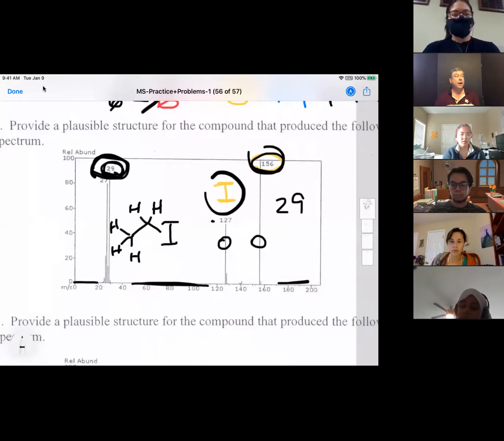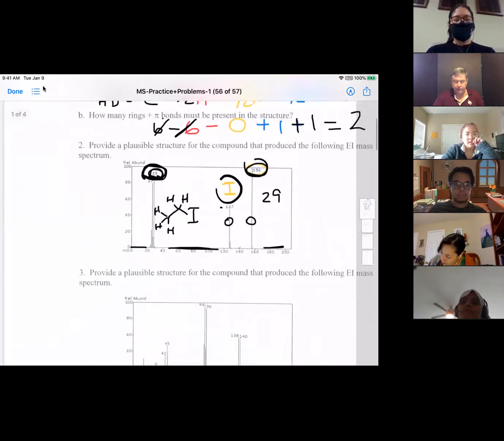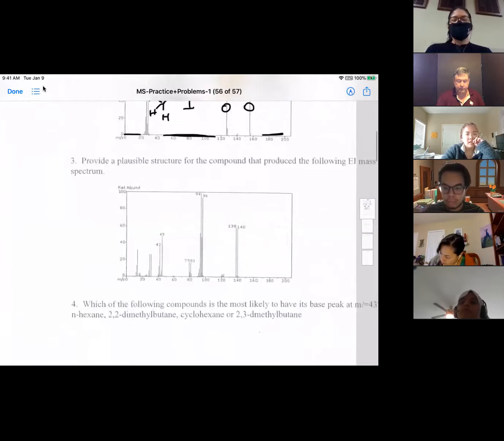So our compound has to be made up of those two primary fragments, and there's only one way to link them together. Does that make sense? Yes. All right. Like I said, we're trying to use all those rules we had.